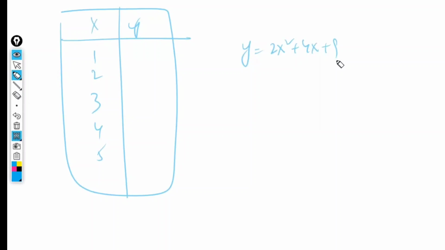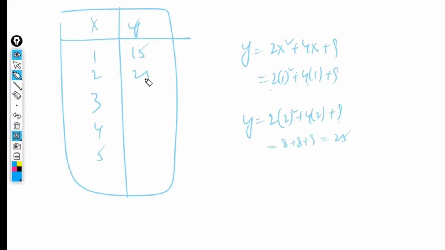For x is equal to 1, substituting gives 2 into 1 square plus 4 into 1 plus 9, which is 2 plus 4 plus 9, which is 15. Now for x is equal to 2, y is equal to 2 into 2 square plus 4 into 2 plus 9, which is 8 plus 8 plus 9, 25. For x is equal to 3, that is 2 into 3 square plus 4 into 3 plus 9, which is 18 plus 12 plus 9, which is 39.